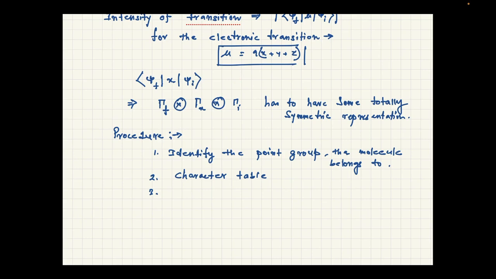So, compute the direct product associated with the transition moment integral using the character table.